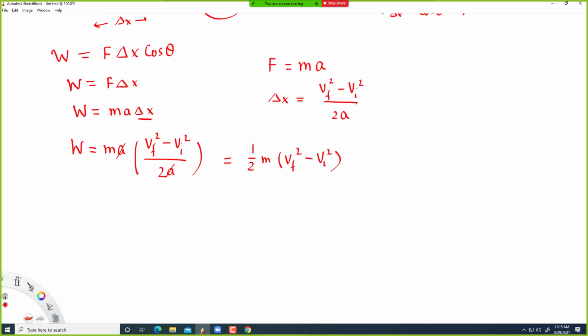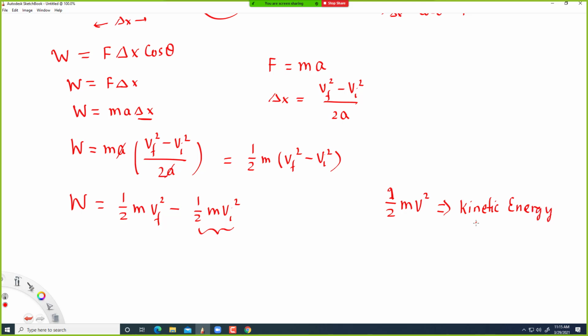So I can distribute this 1/2 m to both these terms. So we get 1/2 m v final squared minus 1/2 m v initial squared. Okay. So this quantity is called kinetic energy of an object. So this 1/2 mv squared is called kinetic energy.